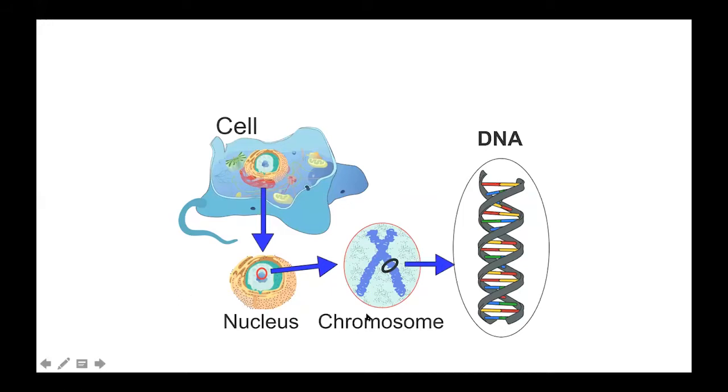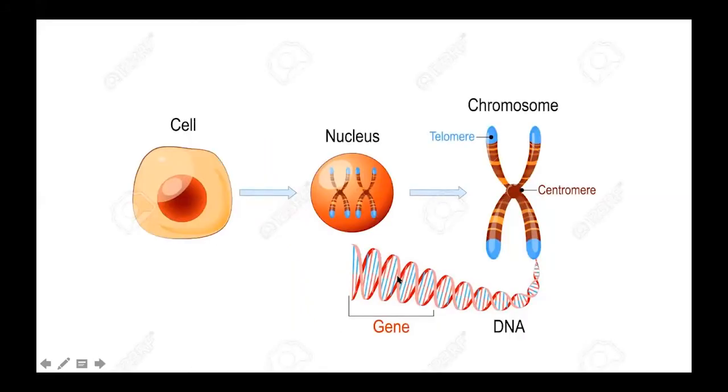Chromosomes, as we said, are made of specific proteins and DNA. So I'm going to summarize again where chromosomes are located and how they are made up. Chromosomes are located inside of a cell, exactly inside of the nucleus, and they're made of specific proteins and DNA or genetic information.